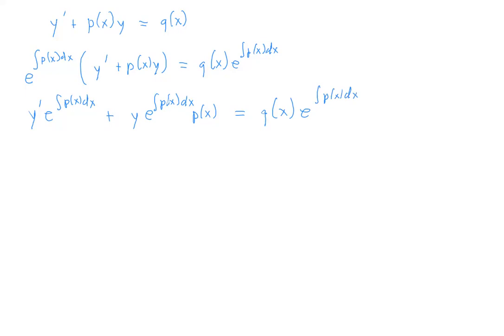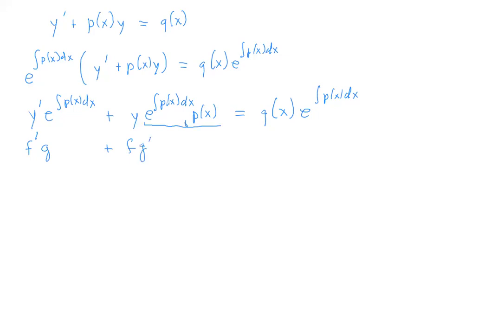And why is this so important? Because if you pay attention, you will see that if you think of the function y as f, then you have f prime. And if you think of the function e to the integral of p of x as g, then you have f prime g plus f g prime. And believe it or not, that's the upshot of all this process: the whole thing is the derivative of f g.